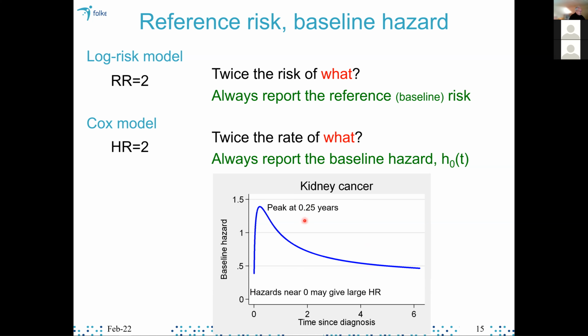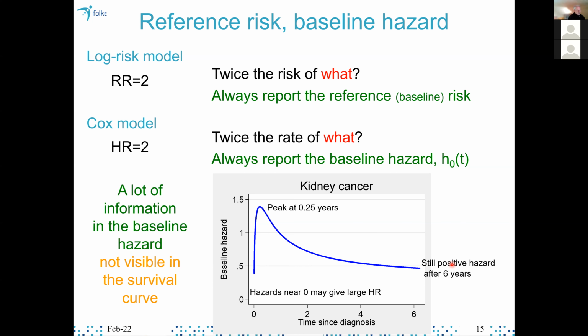So that means that after kidney cancer diagnosis, only 3 months after, you have a very high death rate. And then it declines over time, but does not go all the way to 0. It's still a positive hazard after 6 years. So we have a lot of biological information that we can read off the baseline hazard.